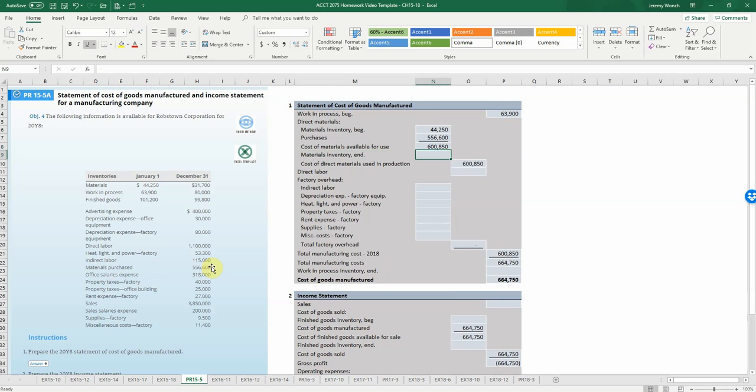That's the total available, but then we need to subtract our ending inventory to figure out what we transferred out of materials into work in process. The ending balance is 31,700. Let me make that a negative.